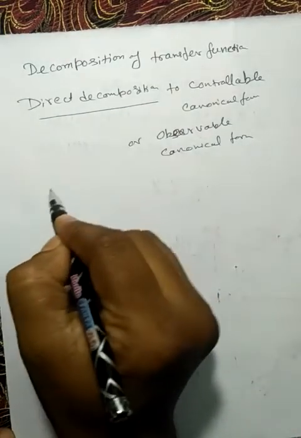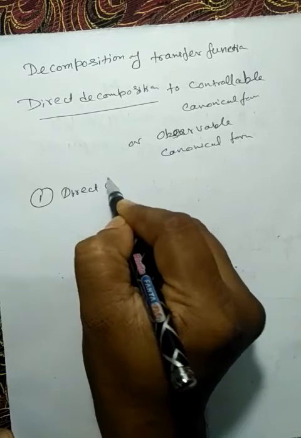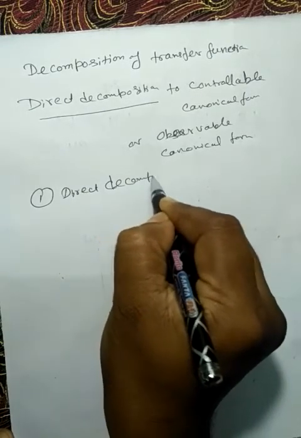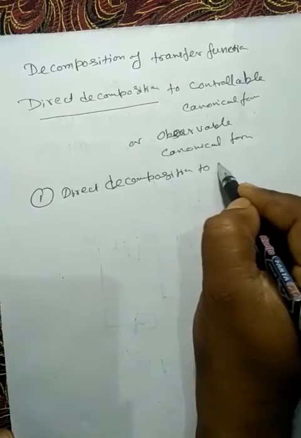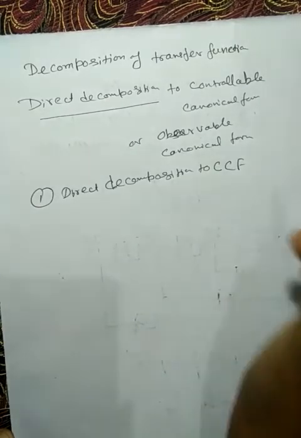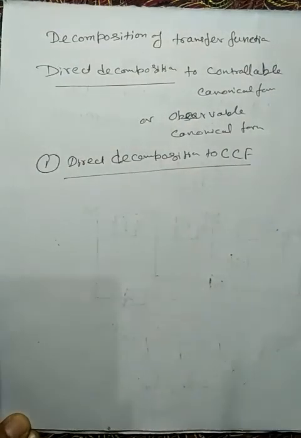So first, direct decomposition to controllable canonical form, direct decomposition of transfer function to controllable canonical form.